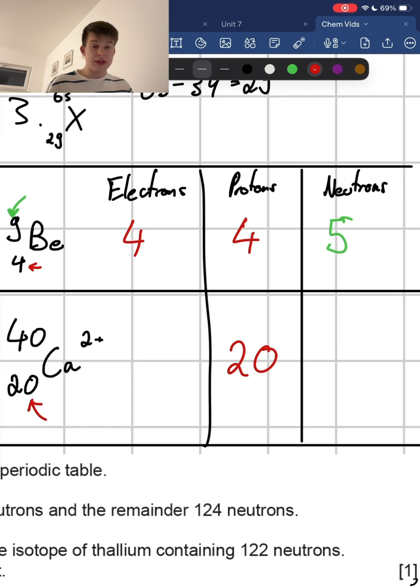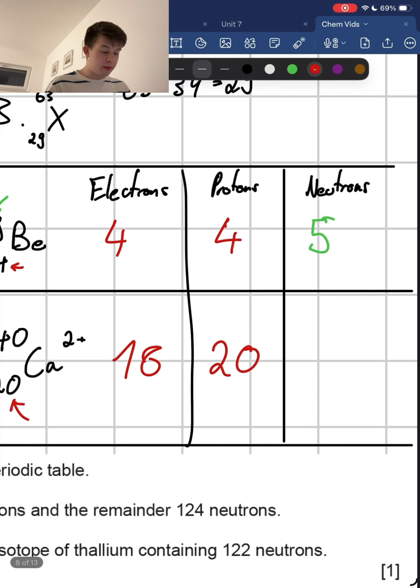But now, because it's an ion, the protons and electrons are not equally the same. That means they have different amounts. And if an ion is positive, that means we take away from the electrons. So instead of having 20 electrons, if it was stable, we will take 2 away because it is 2+. So that will give us 18.